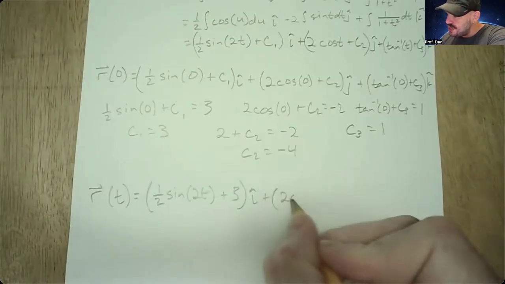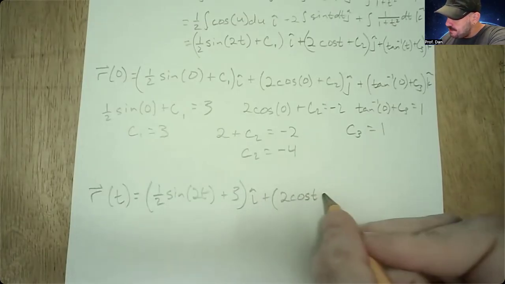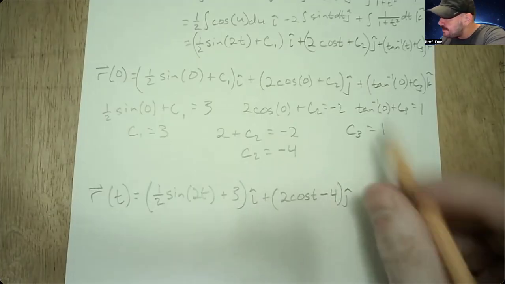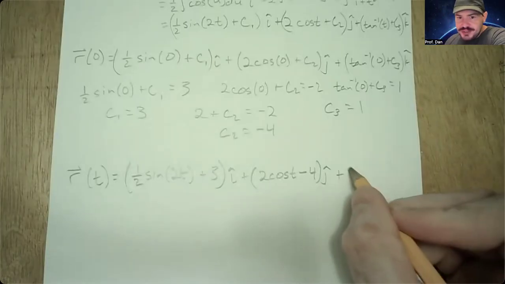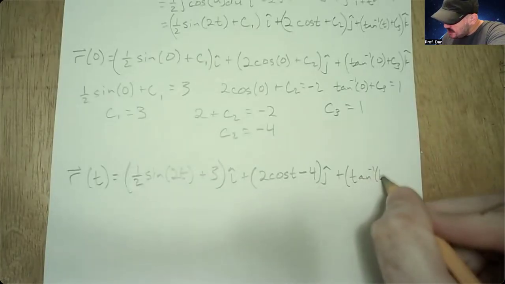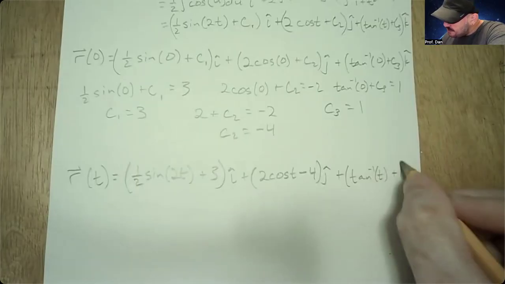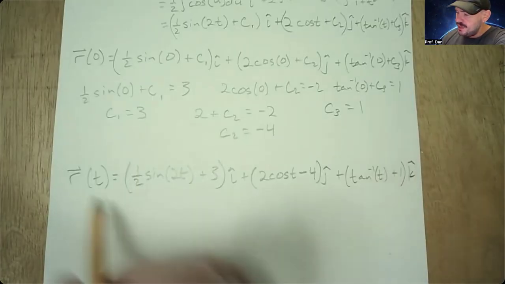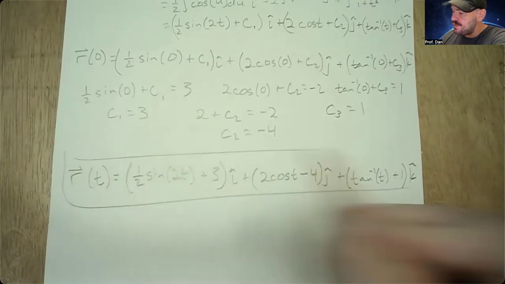Plus 2 cosine t minus 4. That's my j component. Plus arctangent of t plus 1. And that's my k component. And this is my final answer.